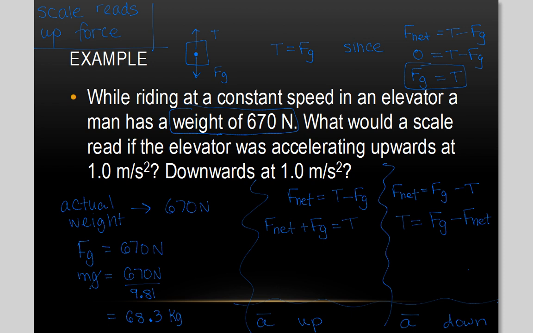Okay, so the net force is ma. The mass is 68 times 1 plus the 670. And for the other one, you start with the 670 and subtract the 68 times 1.